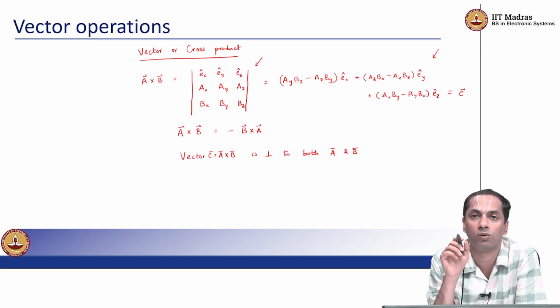Just like how 2 points can define a line, 3 points can define a plane. So if I take two vectors A and B, and the tail ends of these vectors are joined, I consider the 3 points, the tail end and the two head ends, and these 3 points define a plane or a surface, and the product A cross B is essentially a vector that is perpendicular to this plane.